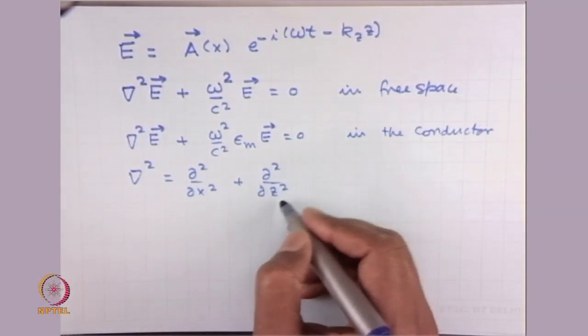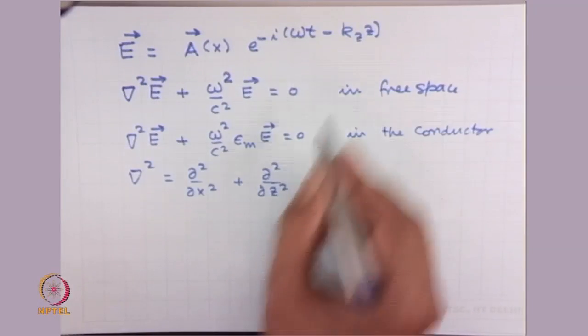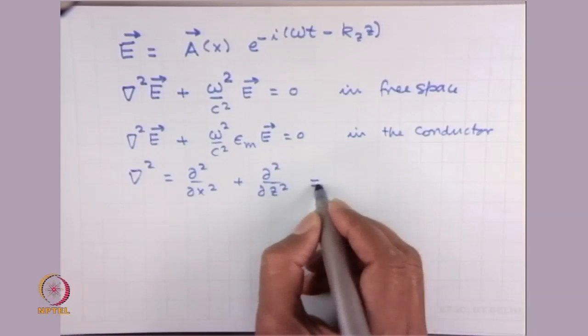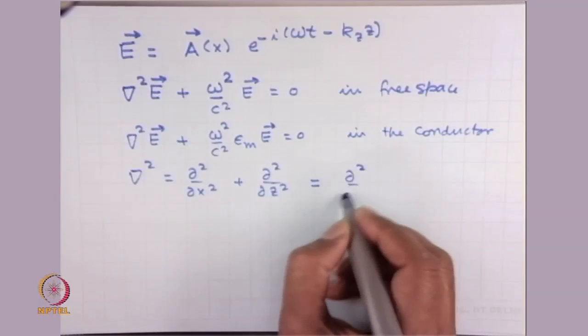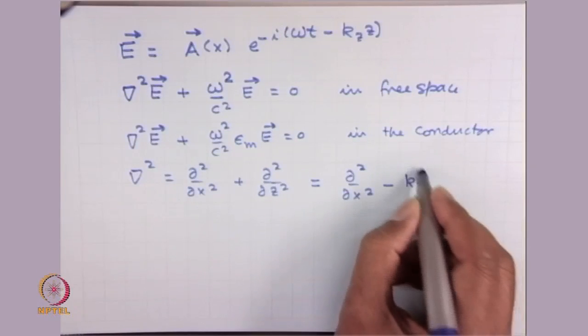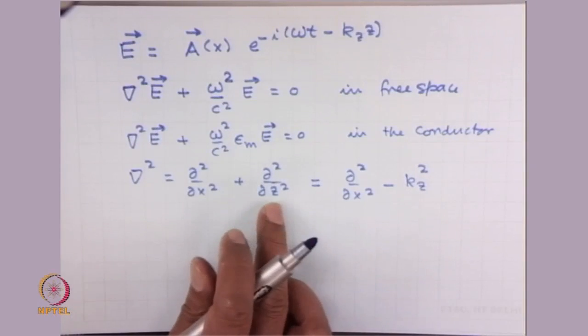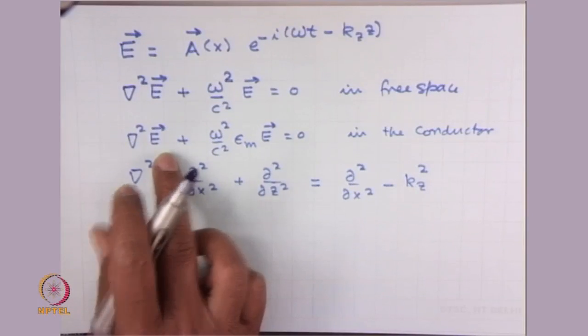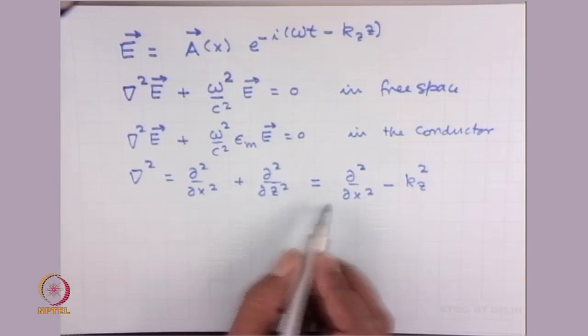So I will replace del by del z by i kz, and this becomes d2 dx square minus kz square, because this has to operate over the electric field which has a z dependence of this form.